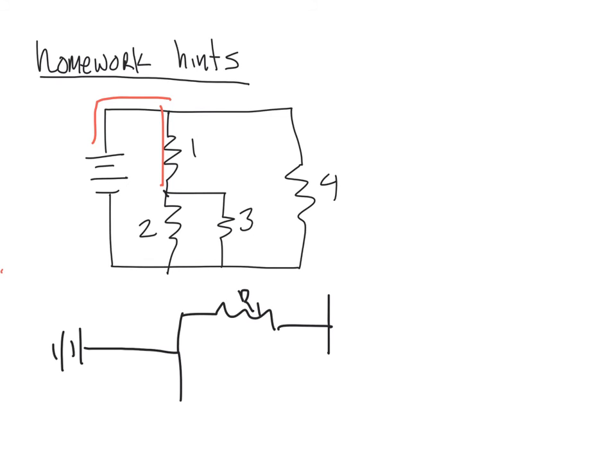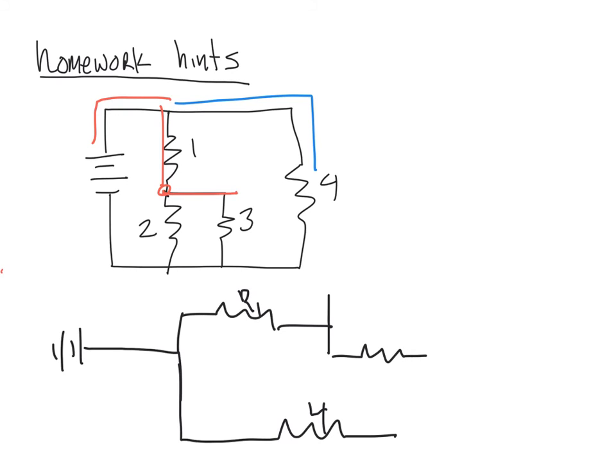When it goes this way, it just goes around to R4. So this is the other split. It just goes around to R4. Now, when I get to this split, it's going to go this way. Some of it will go through R3. And then some of it here will go through R2.